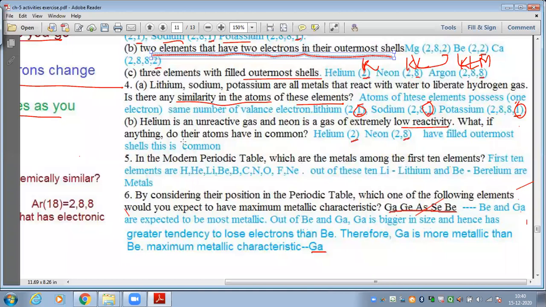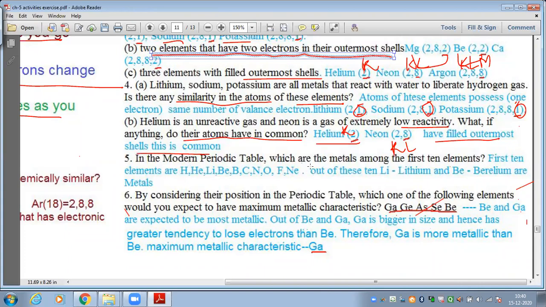What do helium and neon have in common? If you look at the electronic configuration of helium, it has the K shell completely filled. If you look at the electronic configuration of neon, both K and L shells are completely filled. So a filled outermost shell is common among them.